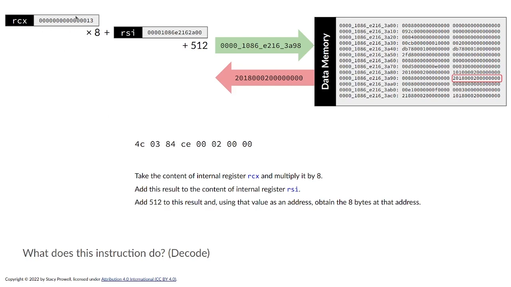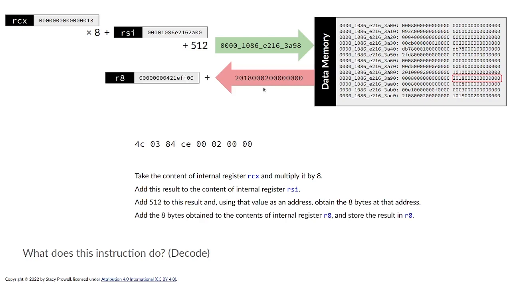I took this register's contents, multiplied by 8, added it to this register's contents, added an offset of 512, used that address to fetch some bytes from memory. Then I take those bytes, I add them to the contents of another register called R8, and I store the results back in the register R8.